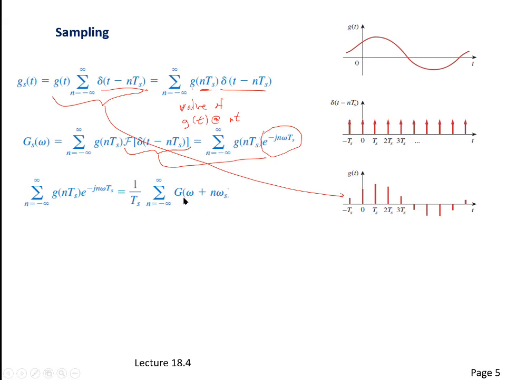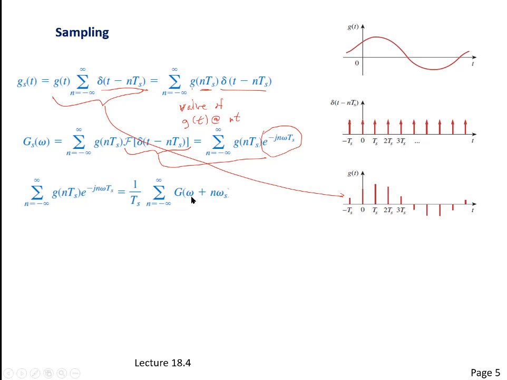And I'm saying, what do I want here? I want the sum of the frequency specification of the modulation signal G. And I'm just going to look at it at a bunch of times. So what is this now?